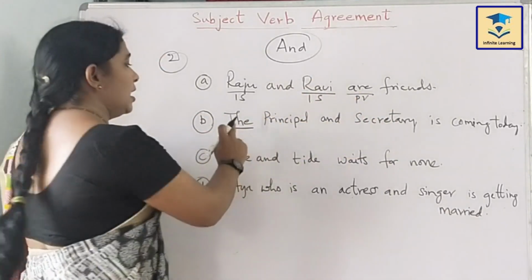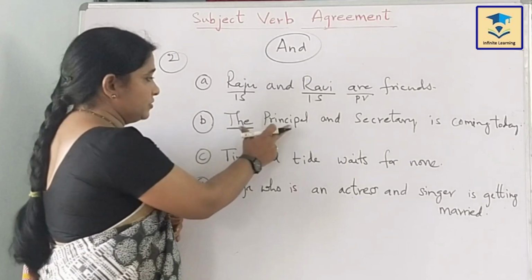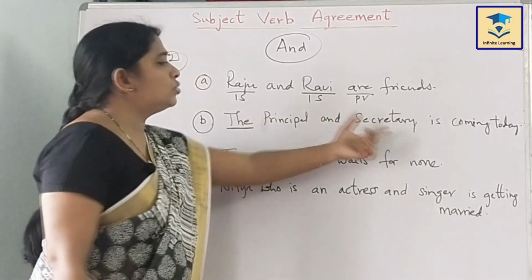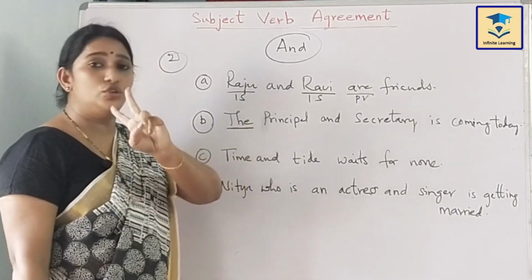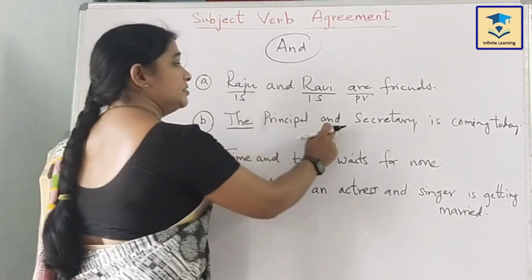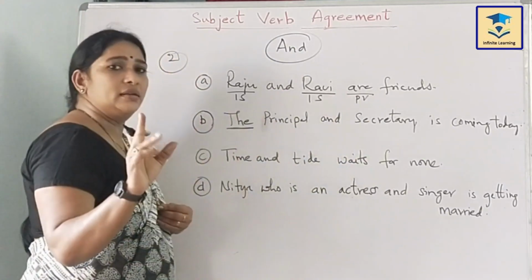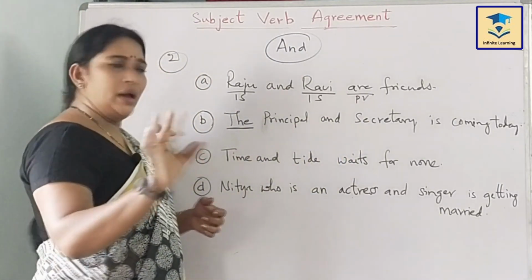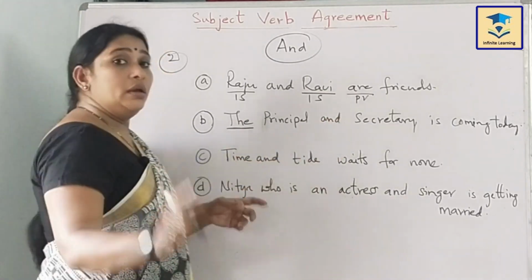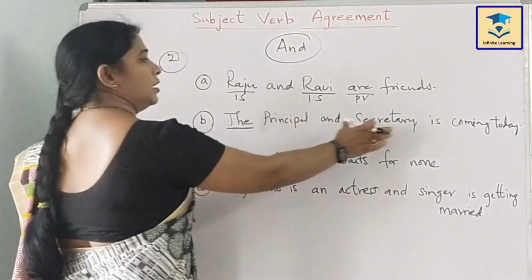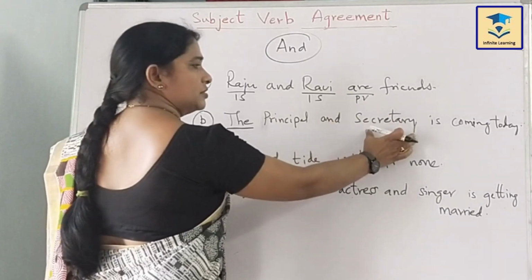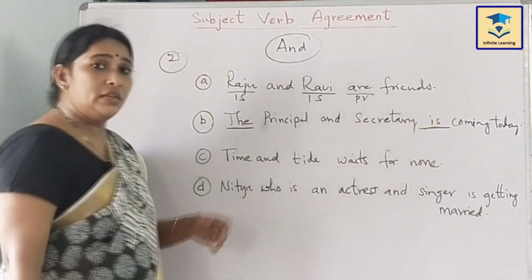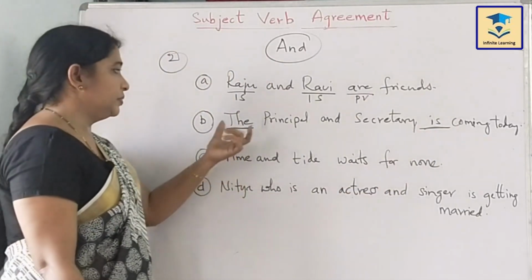But here I mentioned only the first one, the principal and secretary. So these two are only one person, not two persons. I didn't use any article here, either a or an or the. So if we use only one article in the beginning, and secretary is coming, the verb becomes singular here. That's not plural, singular verb.